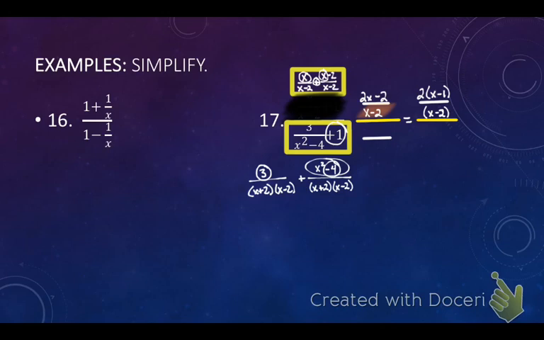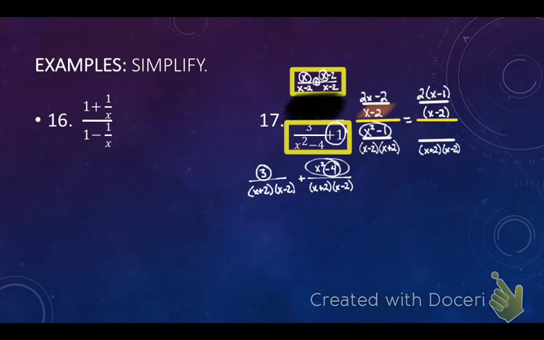So whenever I do that, I have x squared minus 1, and then I have x minus 2, x plus 2. Can I factor? This part's already factored, x plus 2, x minus 2.